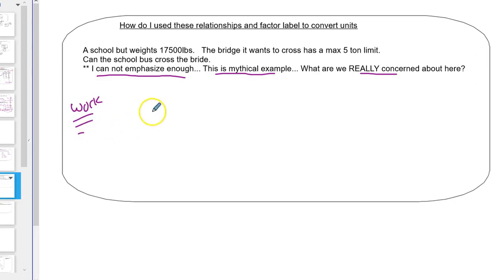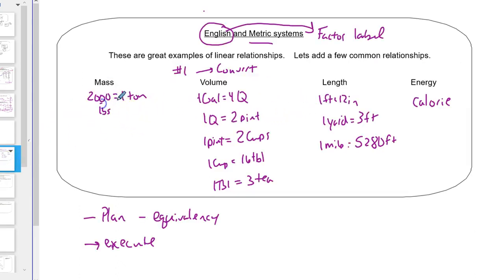Alright, with that being said, let's run it here. We've got 17,500 pounds. I want to get to tons. So here's my plan. And the plan can be on paper, it can be quick, it can be easy. I need to find equivalencies to link me from pounds to tons. In this case, I have a direct relationship: 2,000 pounds is 1 ton.